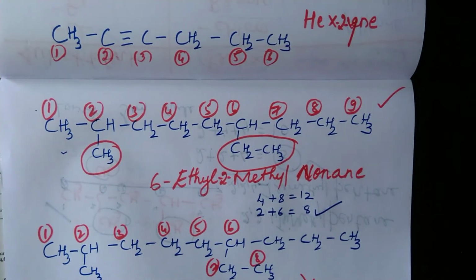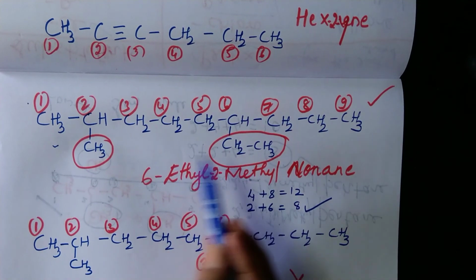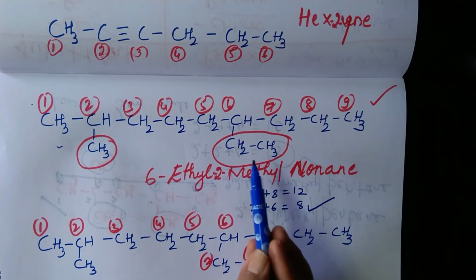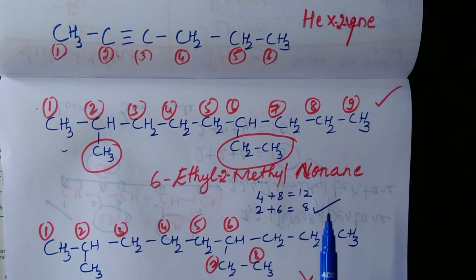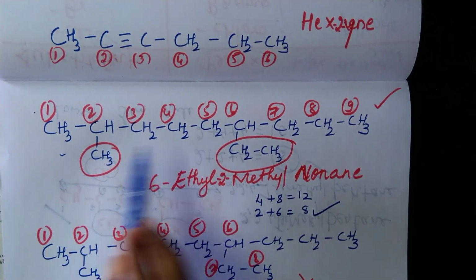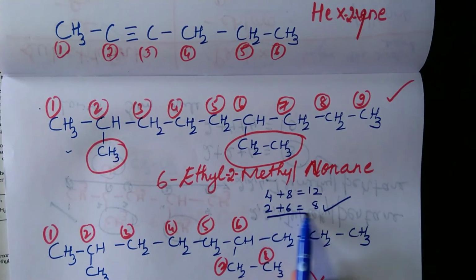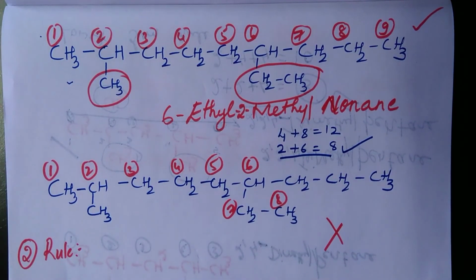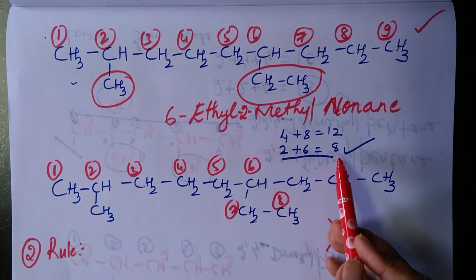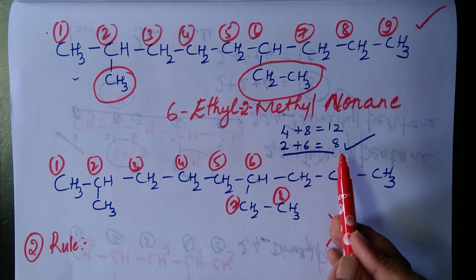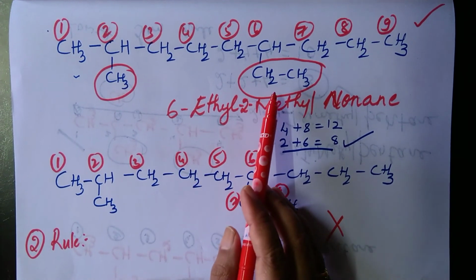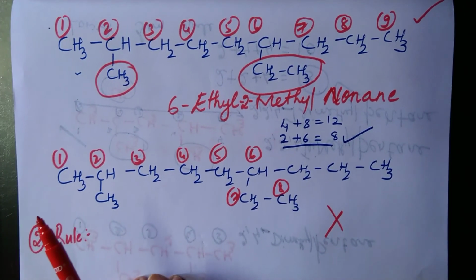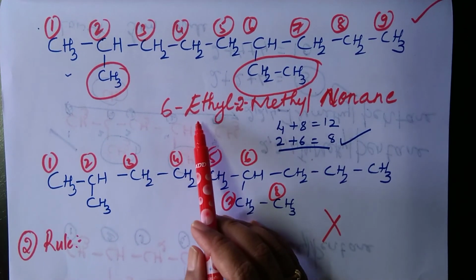Then when will the other rule come into force? If they are placed equidistant, then alphabetical order should be given importance. If it is like this, you number it following the sum of locants, the lowest sum rule. Sorry, there was a disturbance. So you have to follow the lowest sum rule, and while arranging these alkyl groups, you have to arrange them in alphabetical order.